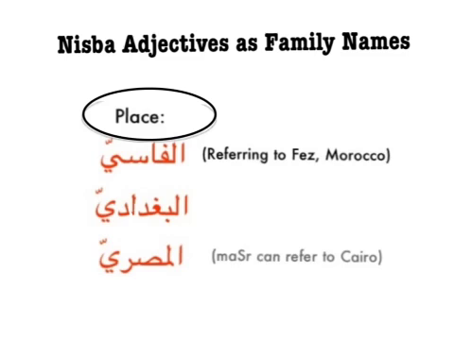Notice that Masr can refer to Cairo too. So Al-Masri refers to a family that originally came from Cairo or Egypt. You can find a family in Morocco, for example, with the last name Masri. This is an indication. Same goes for Baghdadi, Fasi, or any other Nisba name.